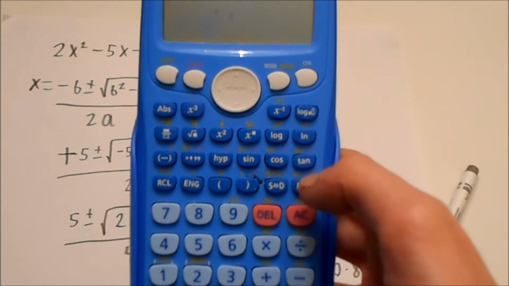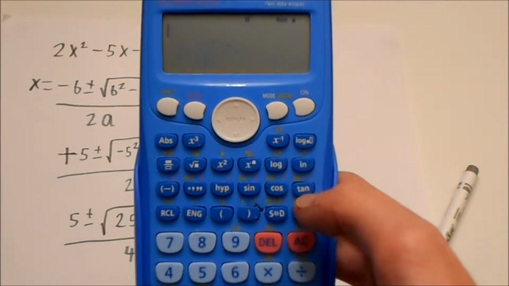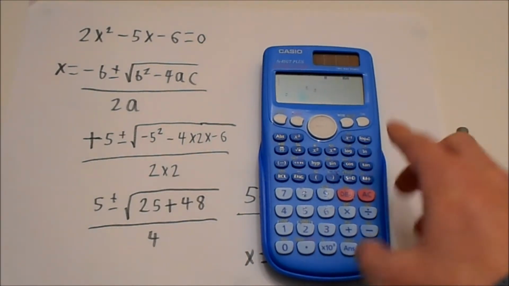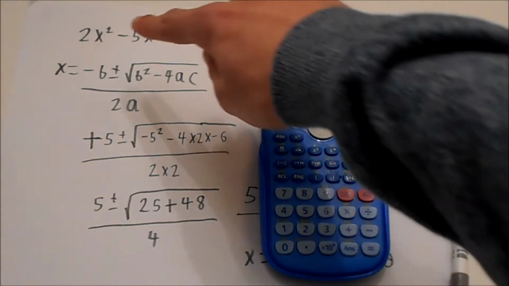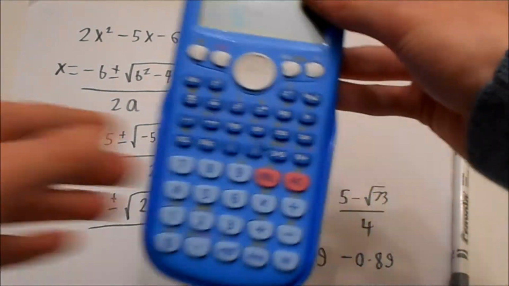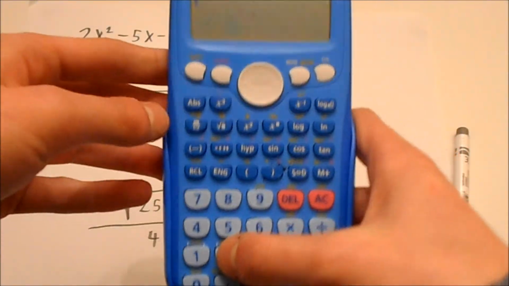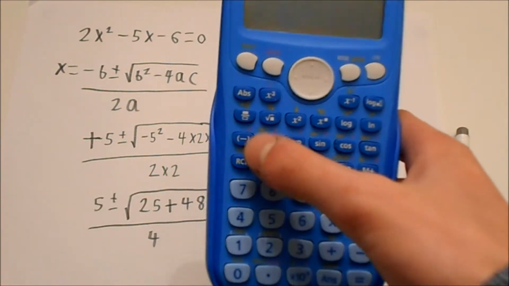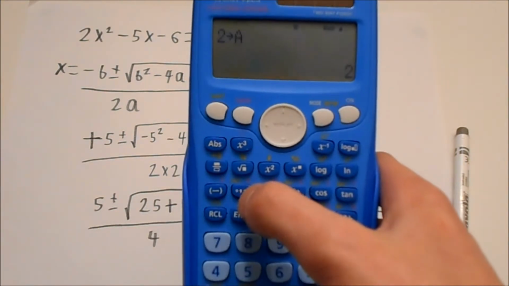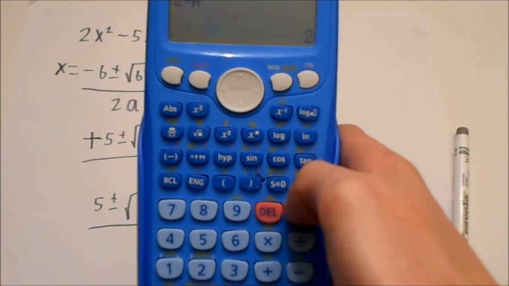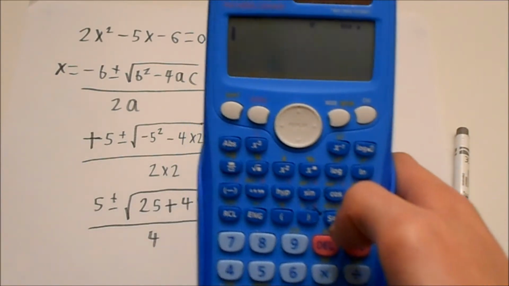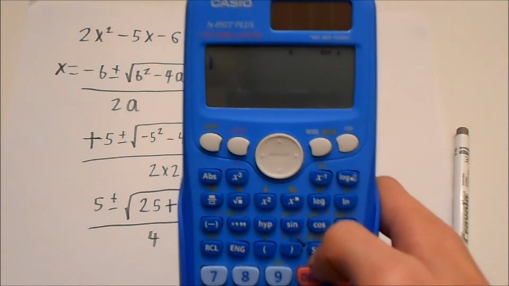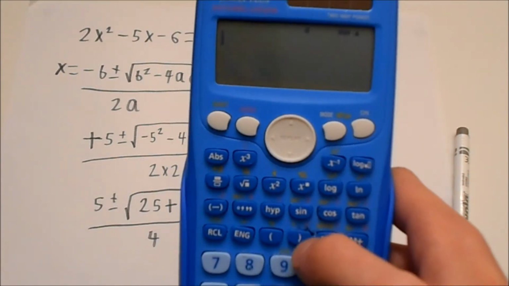So you can actually use this to solve the quadratic equations. So for example, in this quadratic equation here, we know that a is equal to 2. So I could press 2 and then this store button and then store that as the letter A. So A is now the number 2. For the minus 5, because calculators seem to struggle with squaring negative numbers, you have to put the number in brackets.